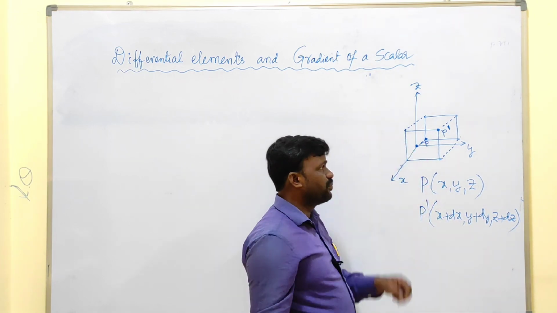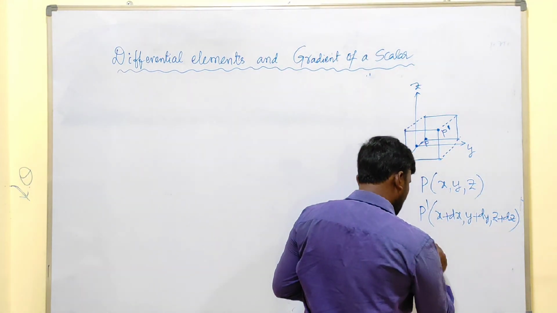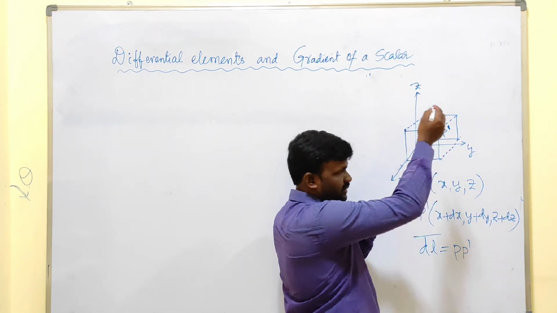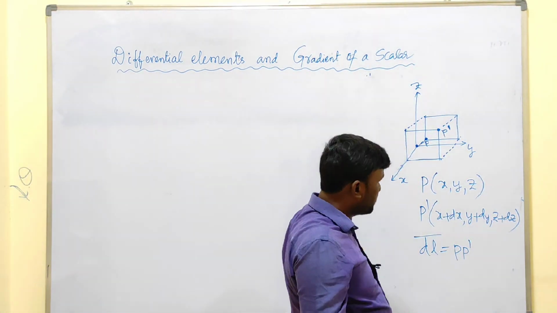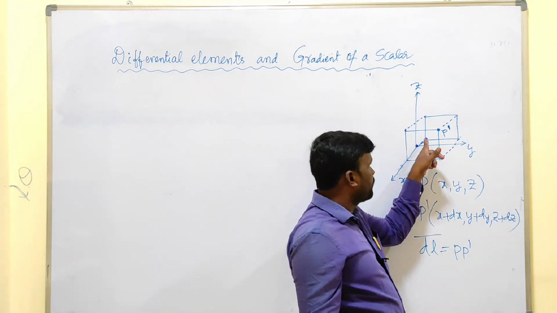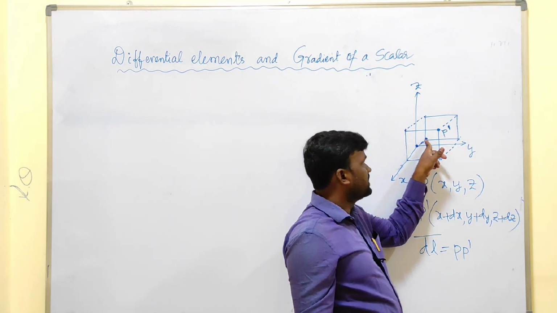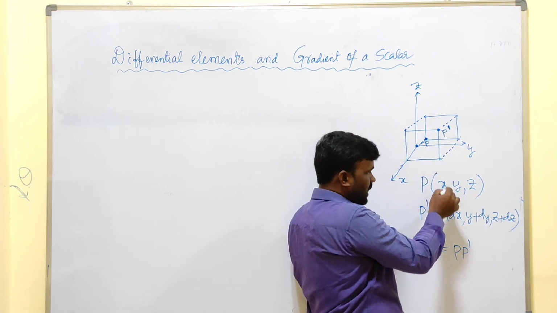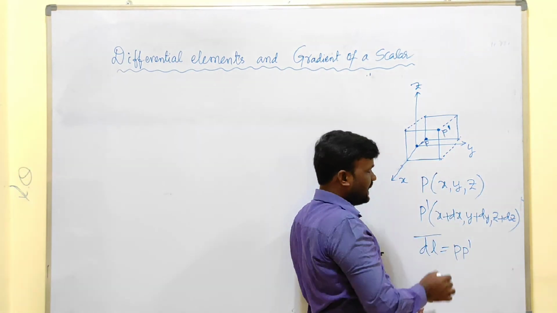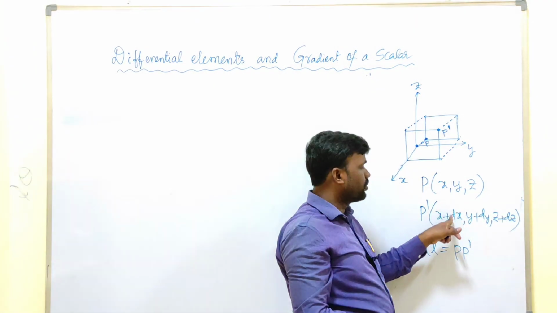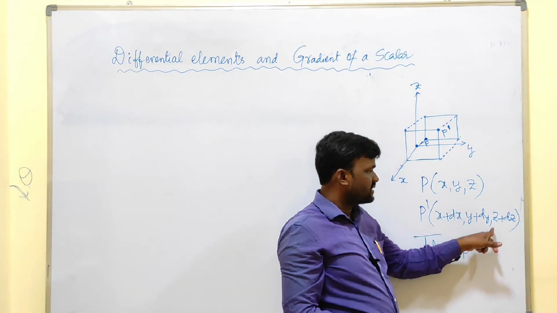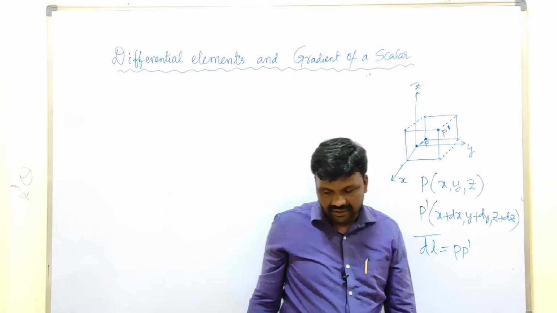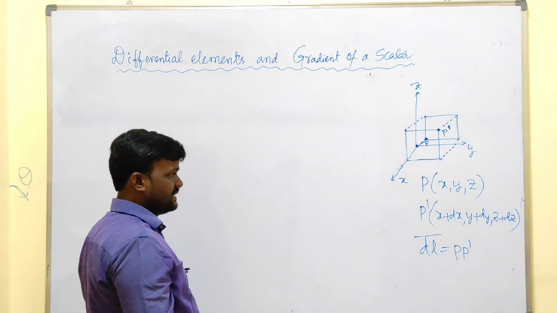The distance between P and P dash is dl, that is the displacement. If the object is moved from P to P dash along x direction, it is displaced by dx, along y direction by dy, and along z direction by dz.